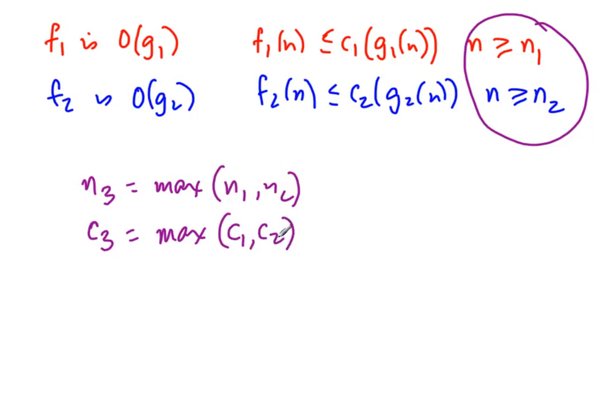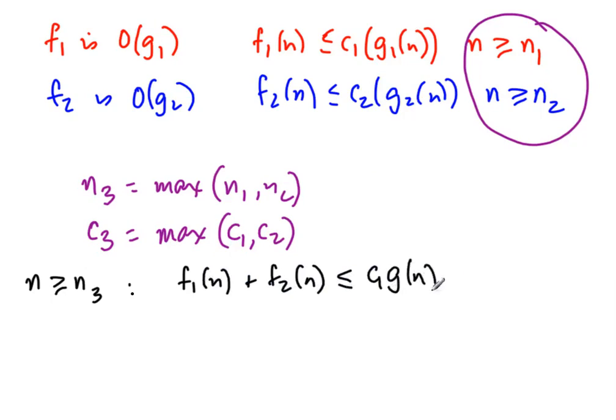Now if I look at n which is bigger than or equal to n3, then I know that f1(n) plus f2(n) is smaller than c1 times g1 of n plus c2 times g2 of n, because both these inequalities hold beyond n3.